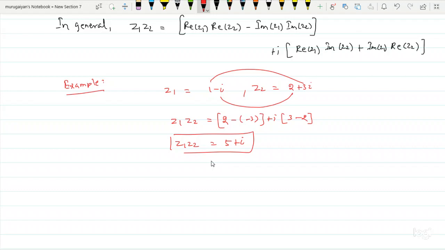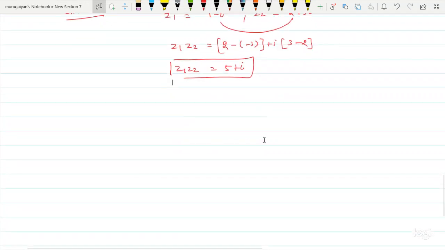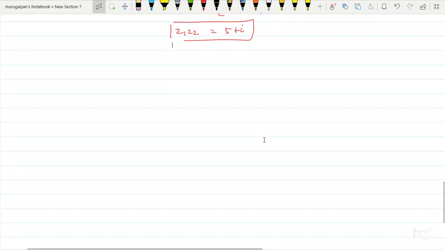So this is the product of two complex numbers, and in the same way, another operation in the algebra of complex numbers is the quotient of complex numbers.